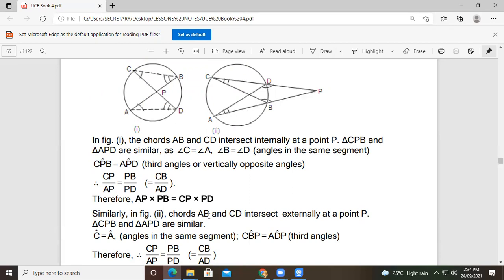Similarly, chords AB and CD intersect externally at point P. So if chord AB is extended, and also chord CD is extended, they will meet somewhere at point P. Why? Because chords AB and CD are not parallel.